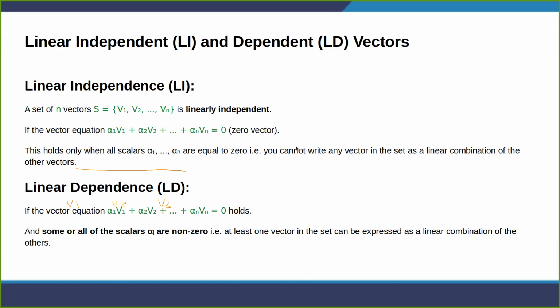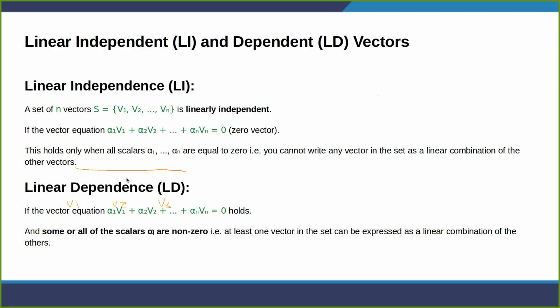That is, you cannot write any vector in the set as a linear combination of the others. So v1 is not a multiple of v2, and vn cannot be a combination of, let's say, v3. That is the requirement for linear independence.